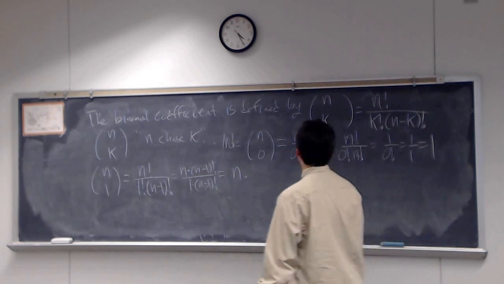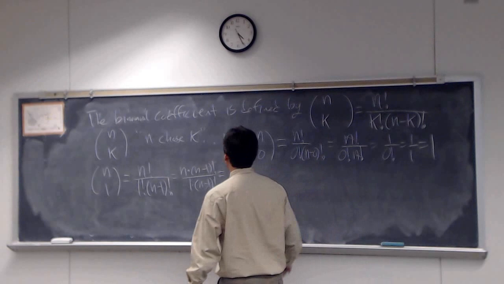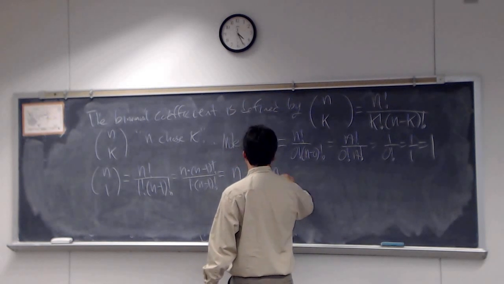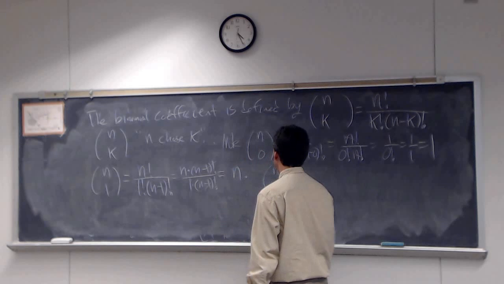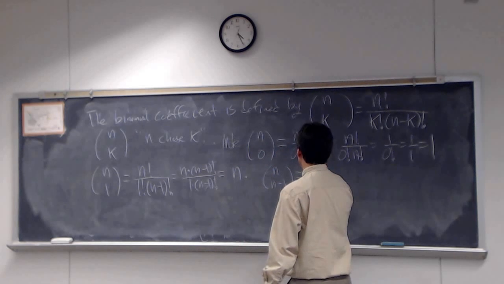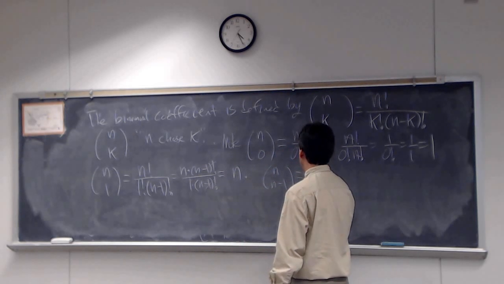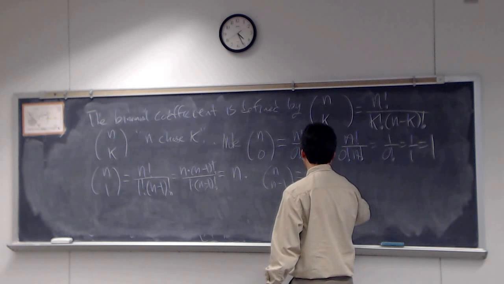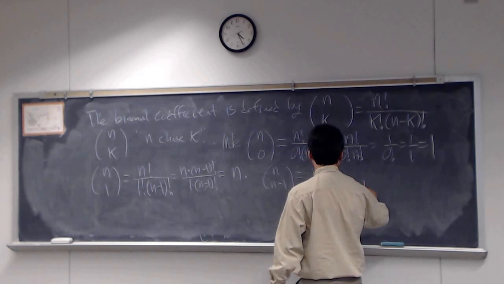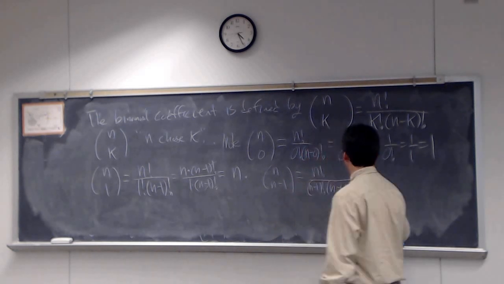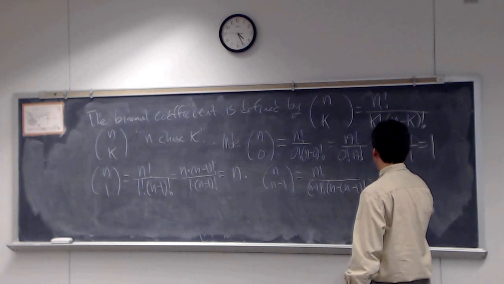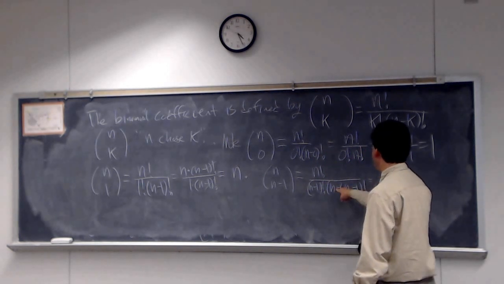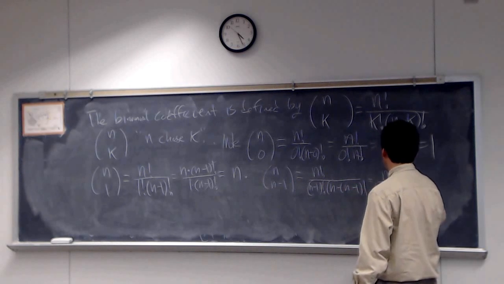Let's also look at maybe another calculation. n choose n minus 1. So that's n factorial over n minus 1 factorial times 1 factorial. So that's n factorial over n minus 1 factorial, and this n cancels, it would just be 1 factorial.